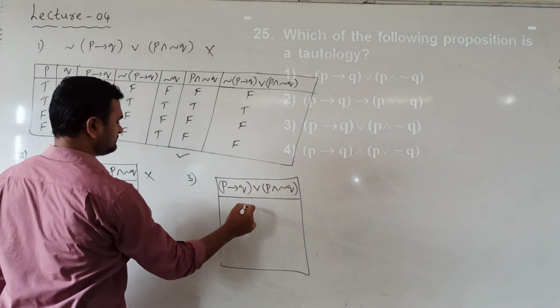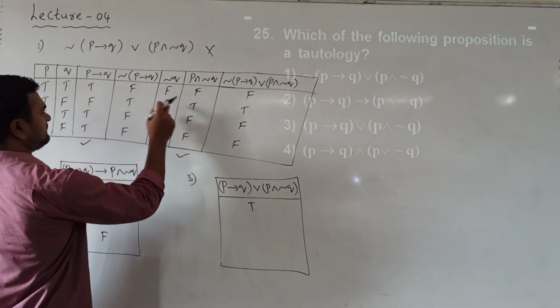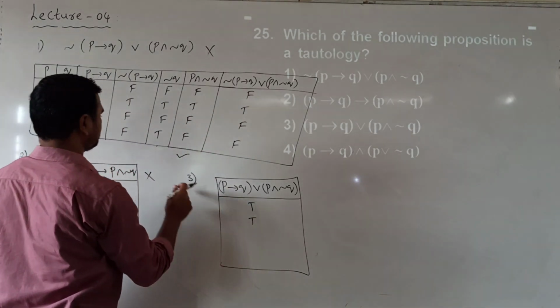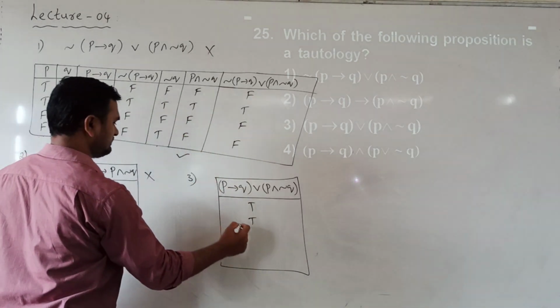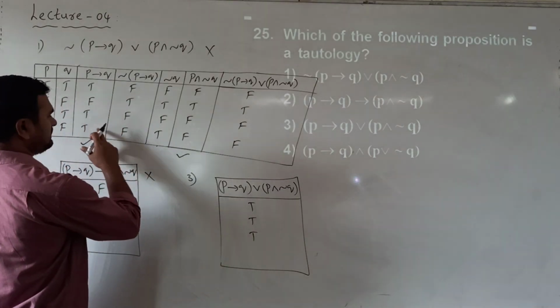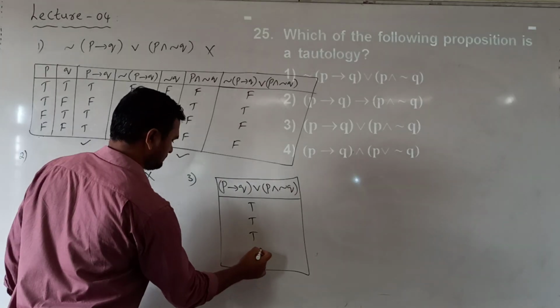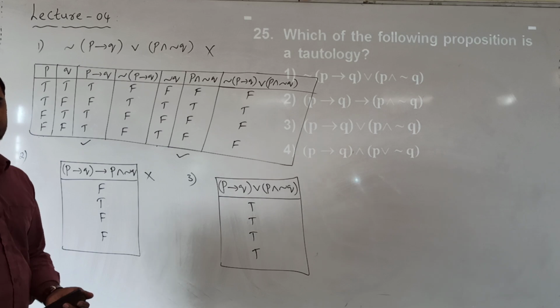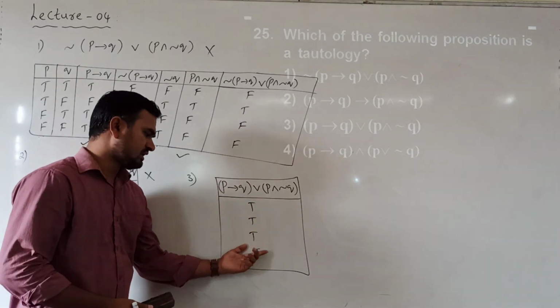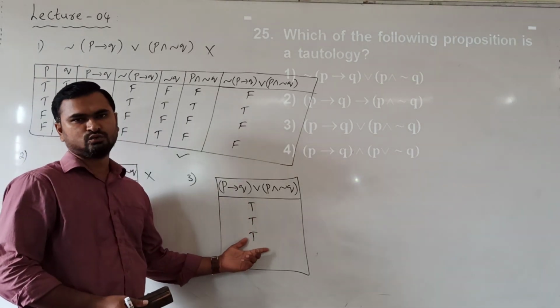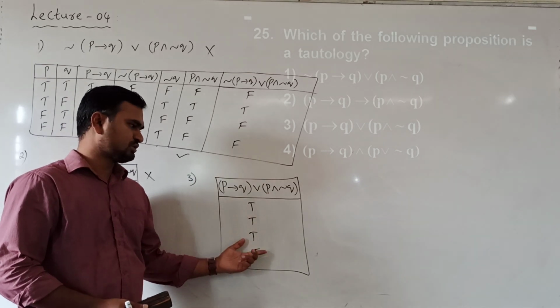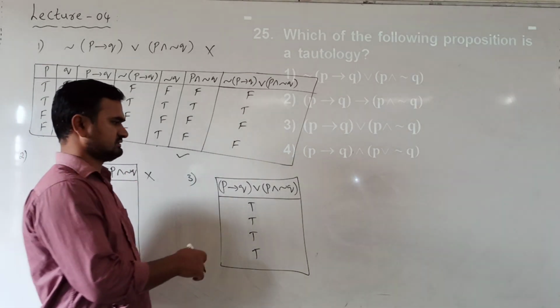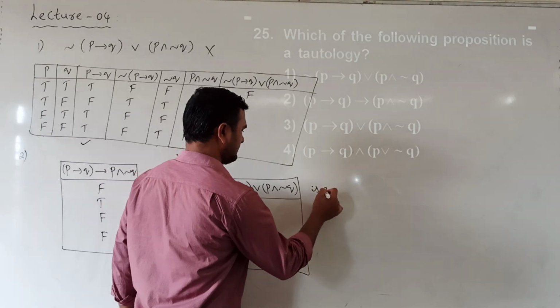So this is true. F T true. T F true. T F true. So you can see that in this column, all truth values we are having true only. So all truth values are true means it is a tautology. So third option is a tautology.